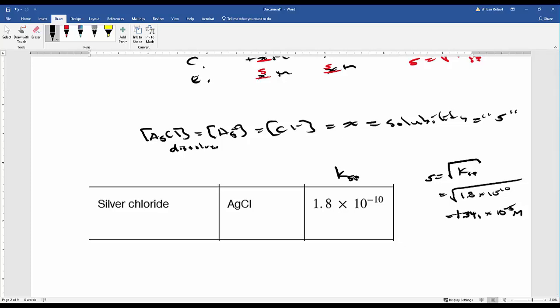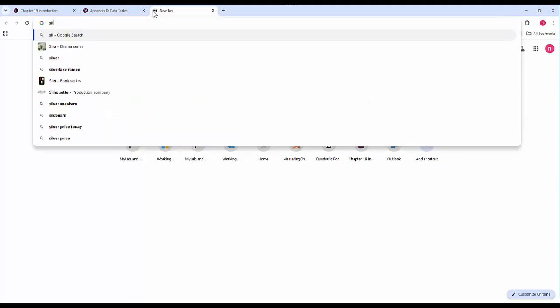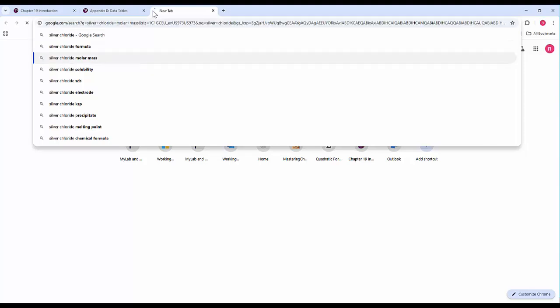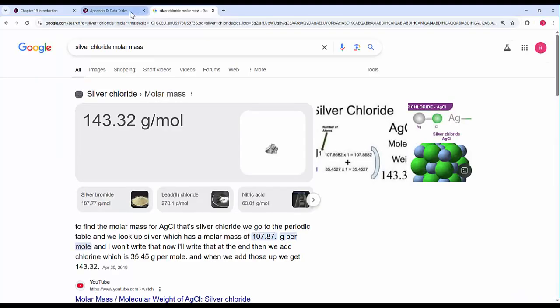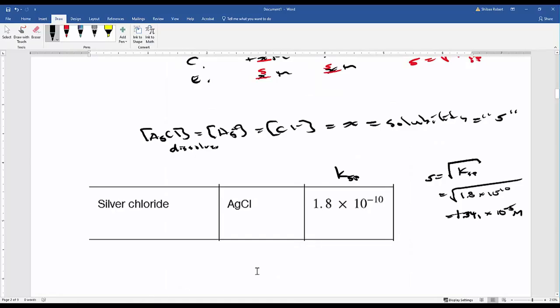Which is how many grams per liter? Let's take a look at the molar mass of silver chloride, which I'll just look up here rather than calculate it. 143.32. So we'll go back here and figure out how many grams we have in a liter.